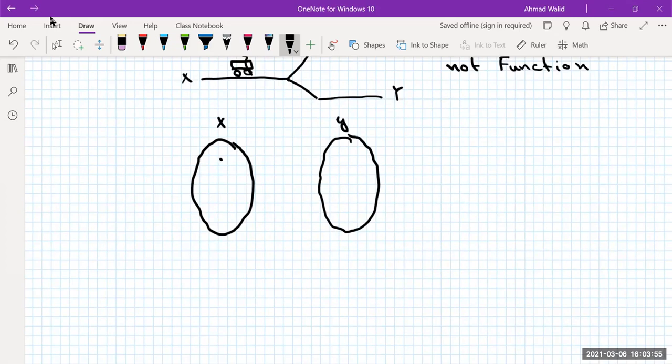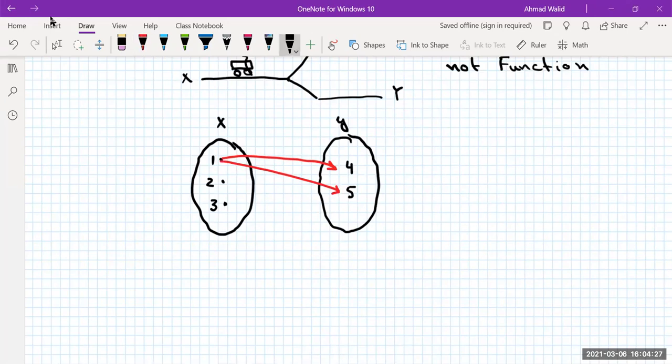Let me put some numbers here. 1, 2, and 3. Here I have 4, 5. 1 goes to 4, and also 1 goes to 5.